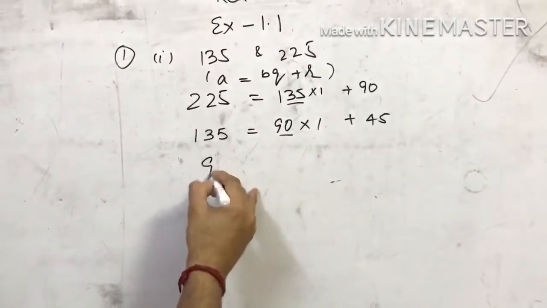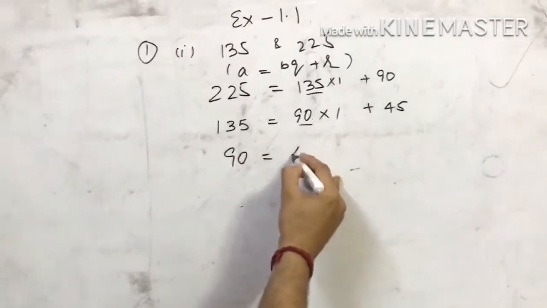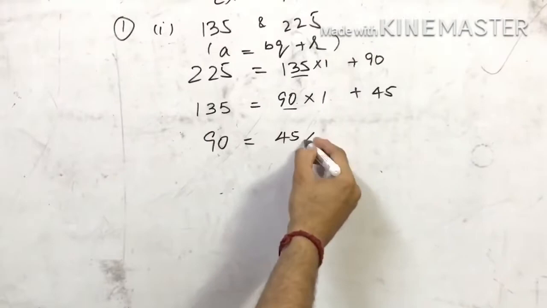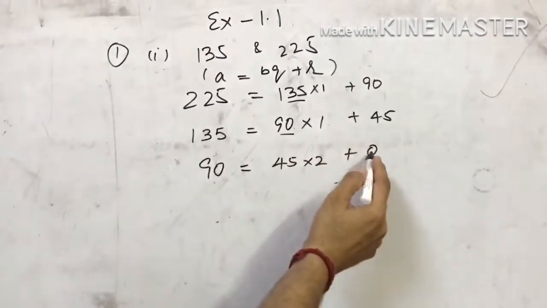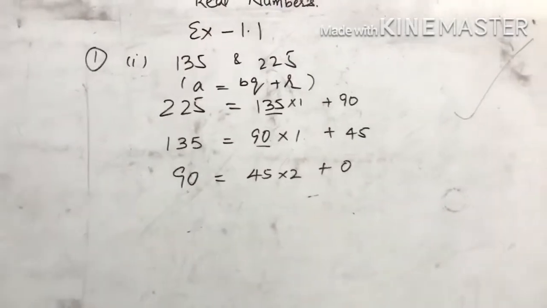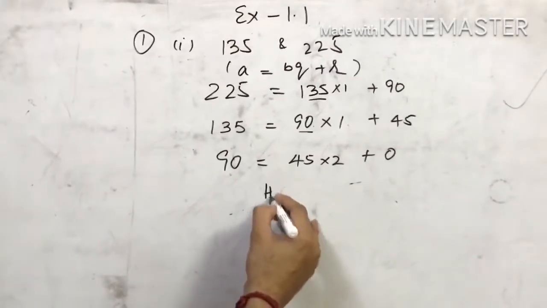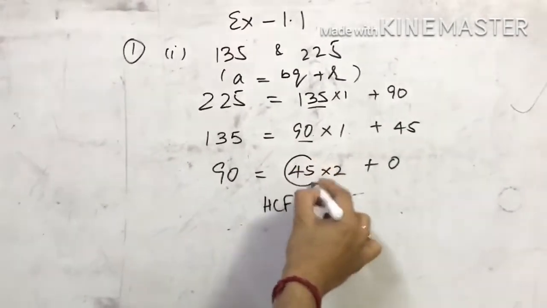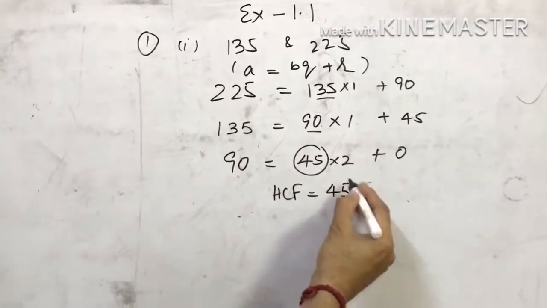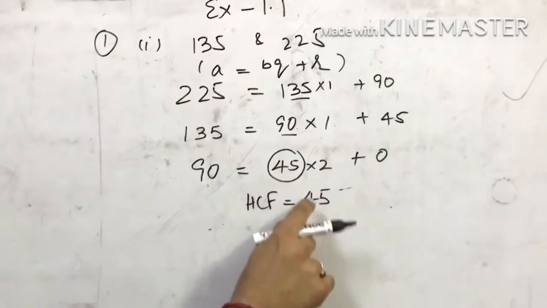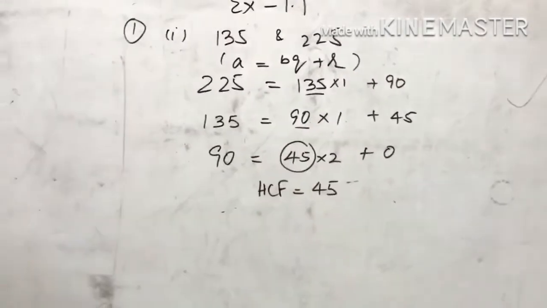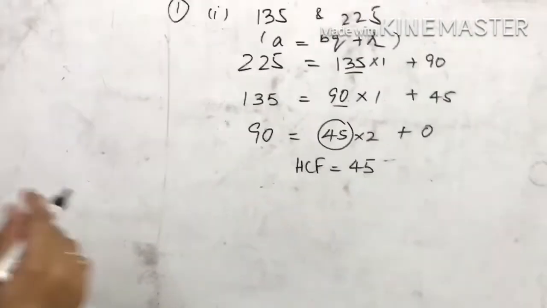Now bring this 135 here, and the remainder 90 is now the divisor, multiplied by 1, and the remainder is 45. Then 45 becomes the divisor, multiplied by 2, you get 90, so the remainder will be 0. So you can see we got the 0. It means what should be the HCF? The HCF is the last divisor, the one before the remainder became 0, so 45 will be the HCF of these two numbers.